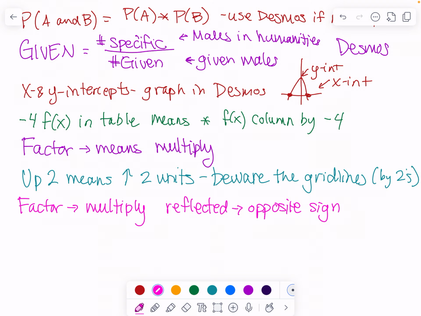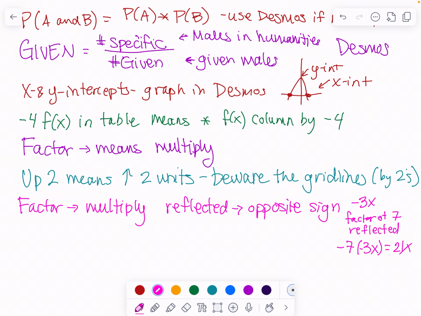So I'm going to put an example on here. I did 3x by a factor of 7 and reflected. That means it would be -7 times 3x. -3x would equal positive 21x.